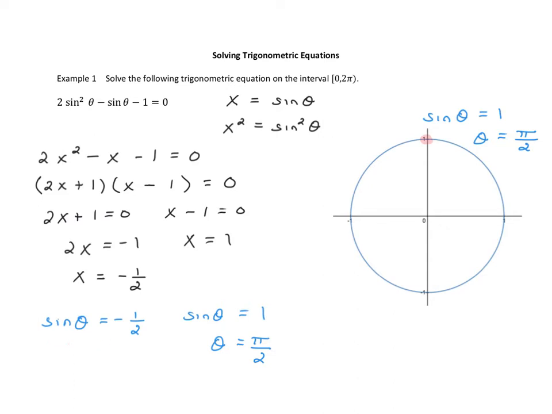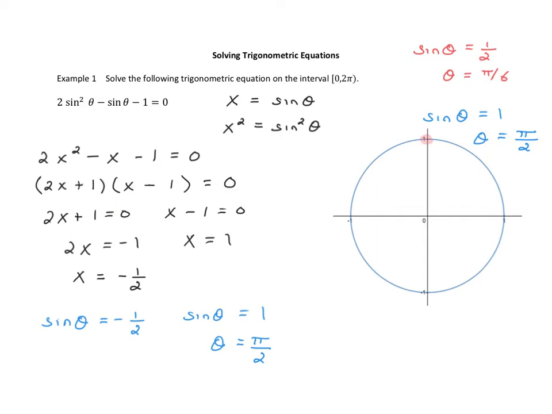Now there's probably going to be two solutions to this equation. What I'm really thinking of when I try to solve this is, where is sine of theta equal to 1/2? And I know this angle is pi over 6. Now, here it's equal to negative 1/2, but all that means is I want to find two quadrants where sine is negative, and we get a reference angle of pi over 6.